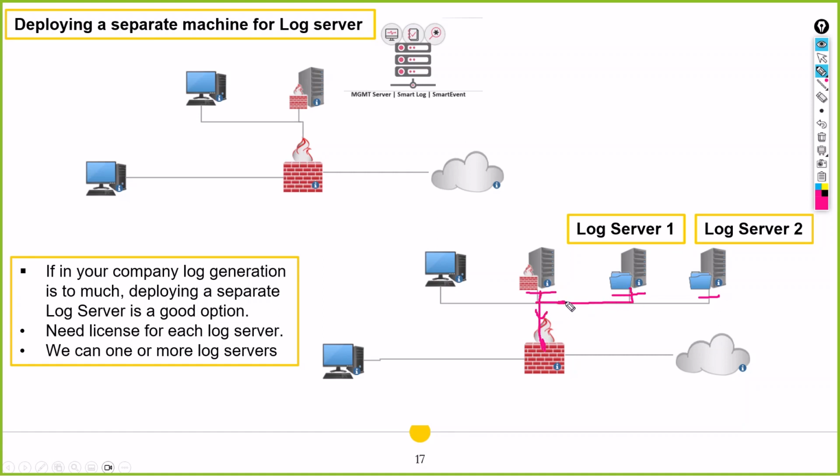So we deployed two log servers, or maybe one, and we have defined that the firewalls have to send the logs to this one. Now the functionality of handling the logs is handled by these two servers. The management server has said, okay, please deploy to the other two servers, I'm already very busy, right? So we can do this kind of stuff. This is what makes the solution scalable.